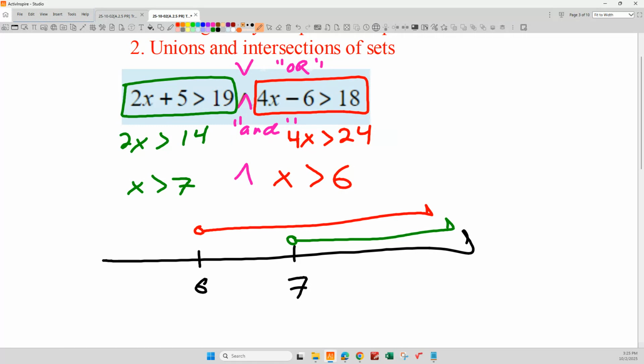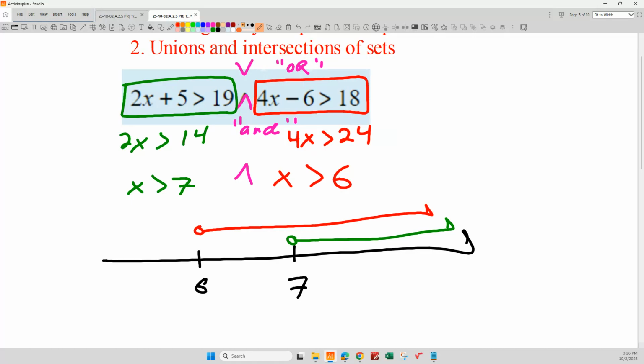The solution to that compound inequality, to the and statement, is only going to be the values of x where both of those are true at the same time. So it's going to be where the graphs intersect or overlap. What's the only values of x an ant could be walking on and be in both the red and the green regions at the same time? Greater than 7. Yeah, everybody see that?